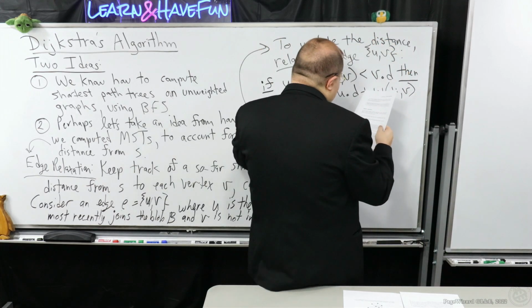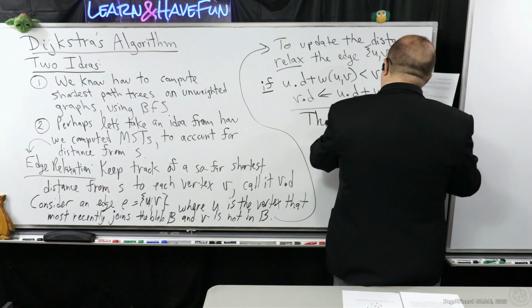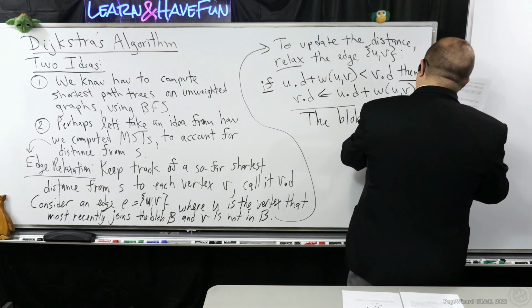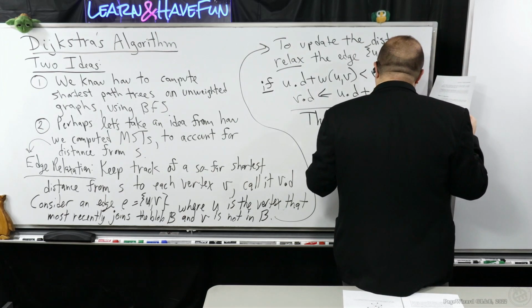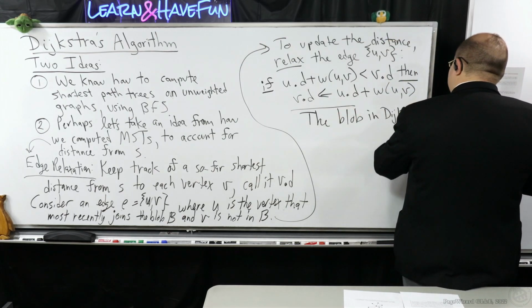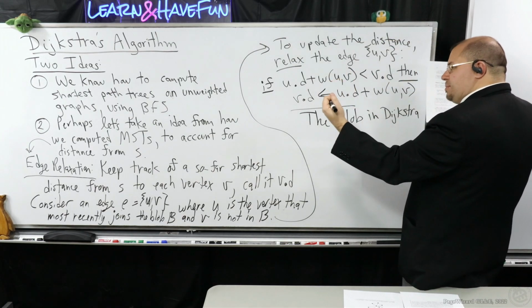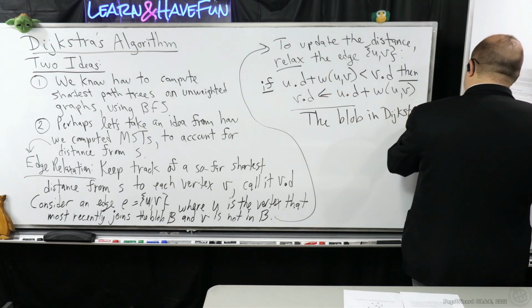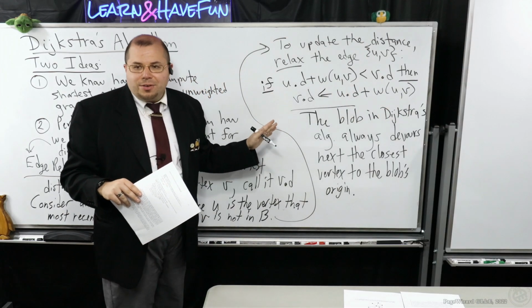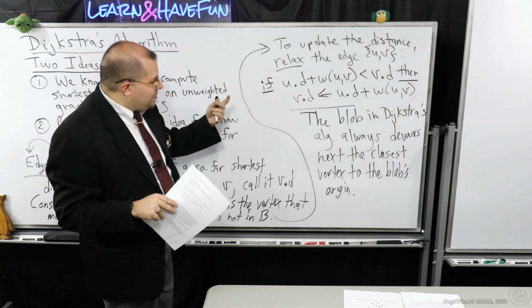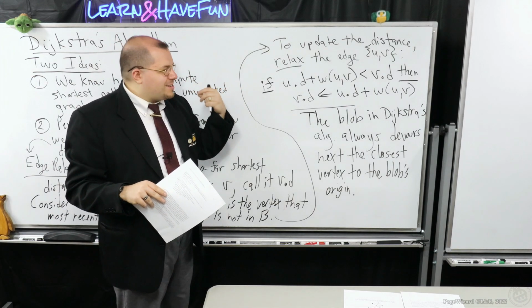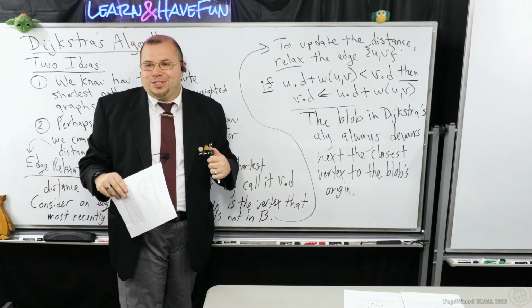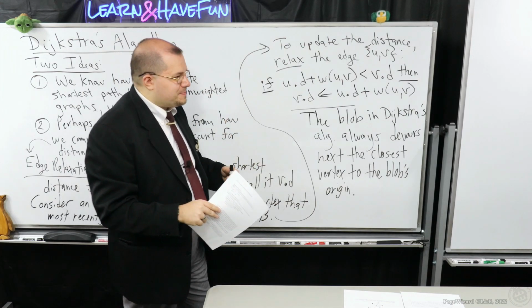But here's the idea. The blob in Dijkstra's algorithm, if you don't like me talking about it as a blob, it's just a set of vertices. So these are the ones that are going to be leaving the priority queue that we had in Prim's. So in Dijkstra's algorithm, our blob is always going to devour the next one that's closest to the blob's origin, which is the source.